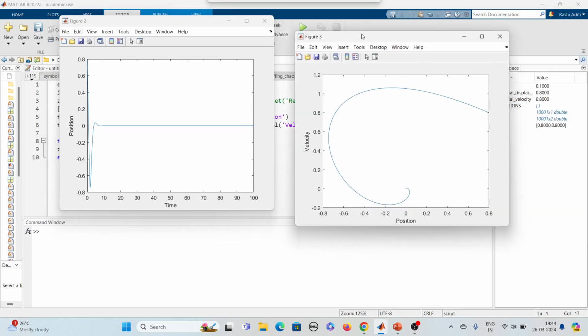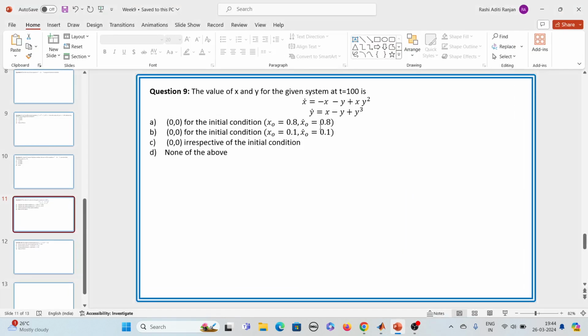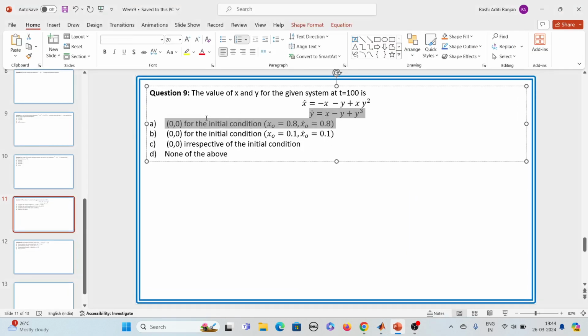So you can see that with time, my system has stabilized at 0 and its velocity is also 0. Okay. So the first option is correct. I'll write correct.